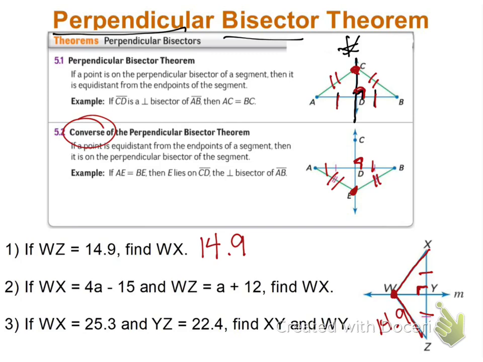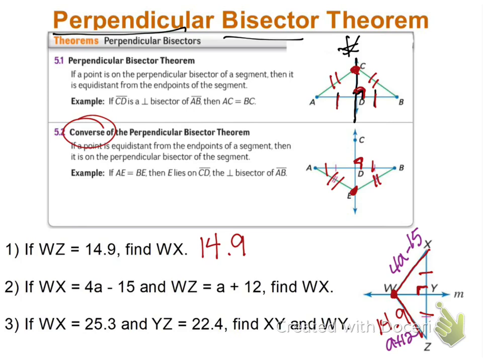Okay, number 2. If WX is 4A minus 15 and WZ is A plus 12, find WX, which means we need to find A first.